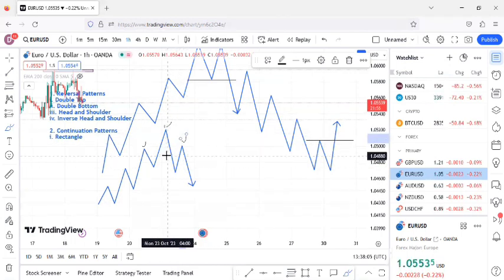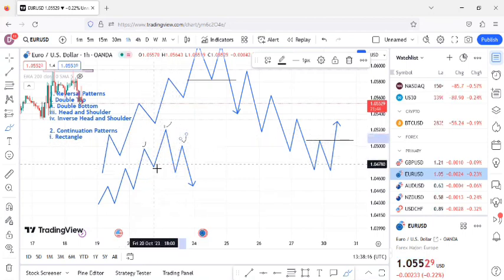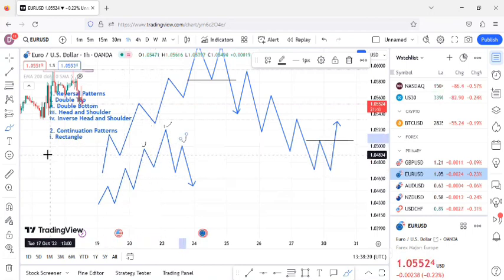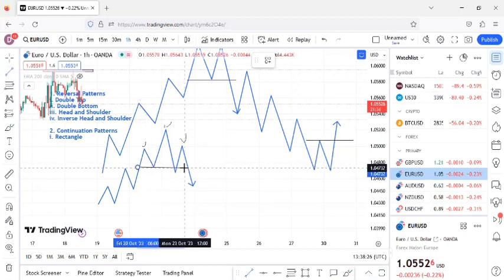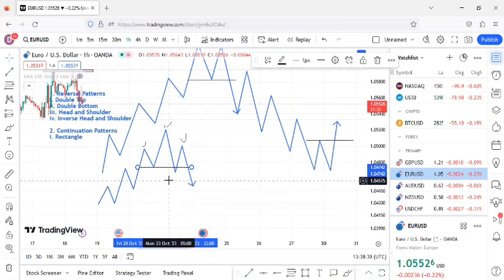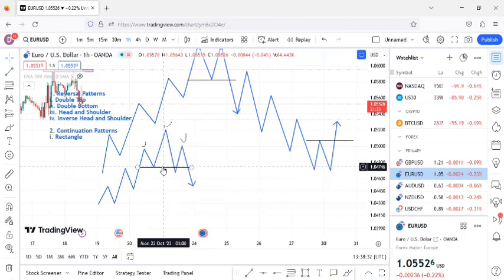It's usually found at the top of an uptrend, because the moment you see this particular pattern at the top of an uptrend, then you know there is a potential reversal. But the pattern is not completed until there is a neckline break.